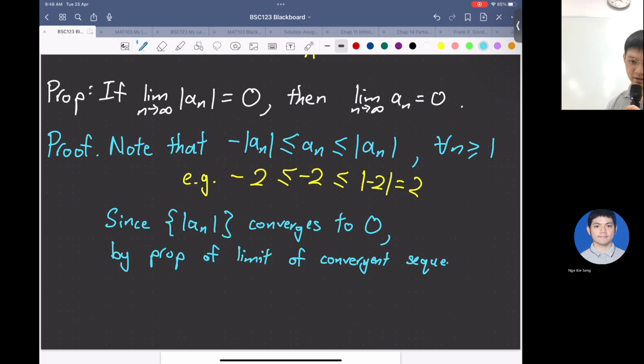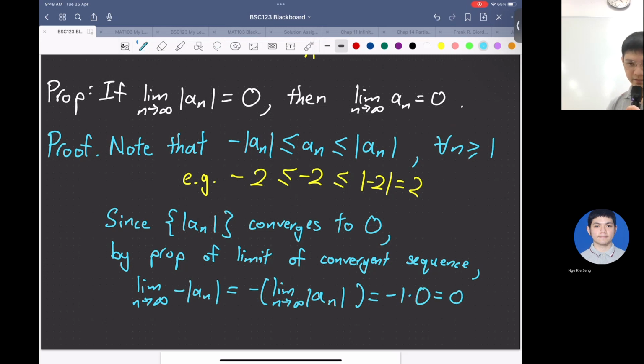So the limit of minus the absolute value of an equals minus the limit of the absolute value of an, which is minus 1 times 0, which is 0. So you're squeezed by two sequences converging to 0, and by the squeeze theorem again, the middle sequence also converges to 0.